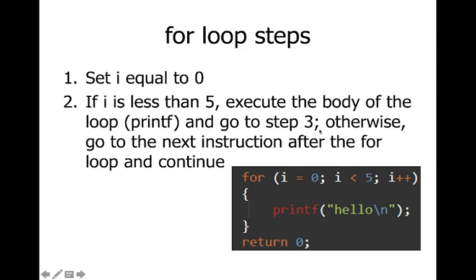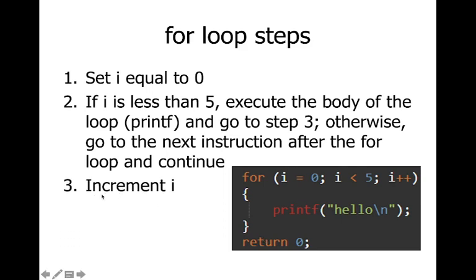We will see what is step 3. So if i is not less than 5, then otherwise go to the next instruction after the for loop and continue. So if this condition is false, then the body won't be executed, but the statement that is outside the for loop will be executed, and the operations will be continued.